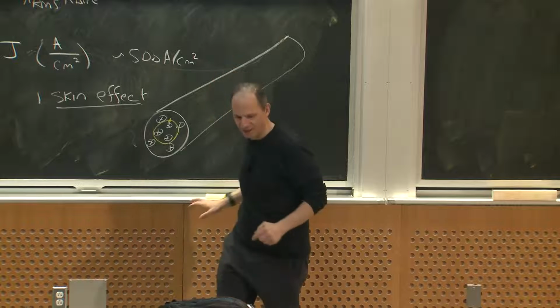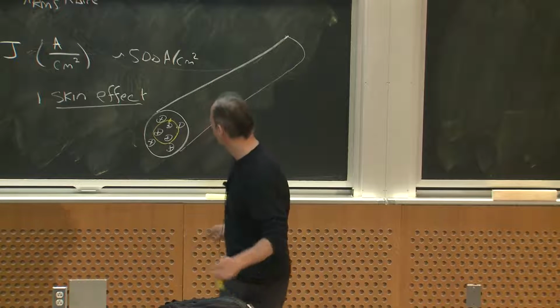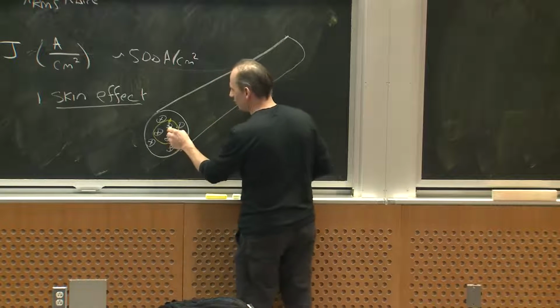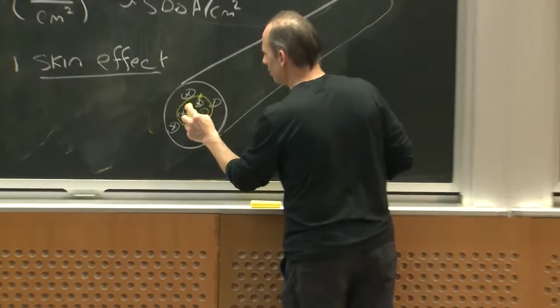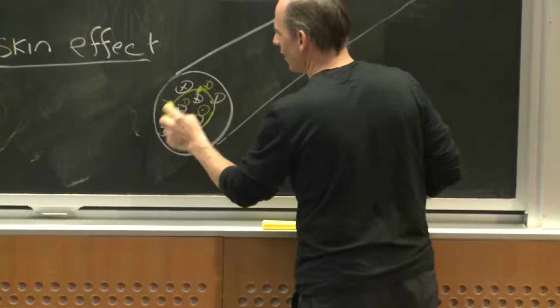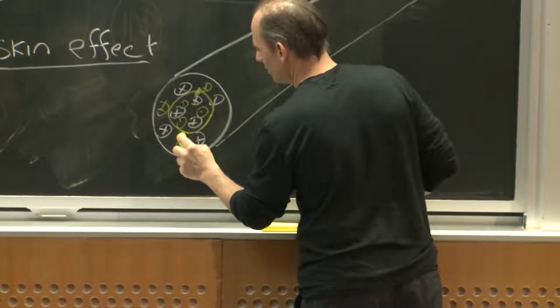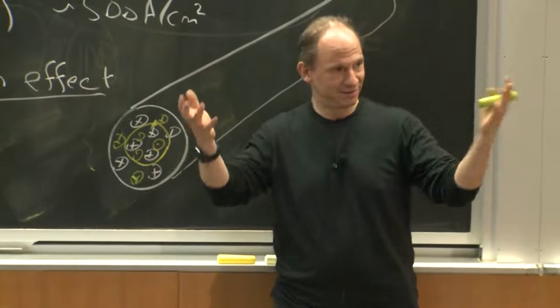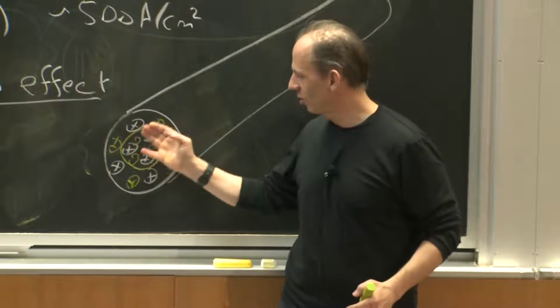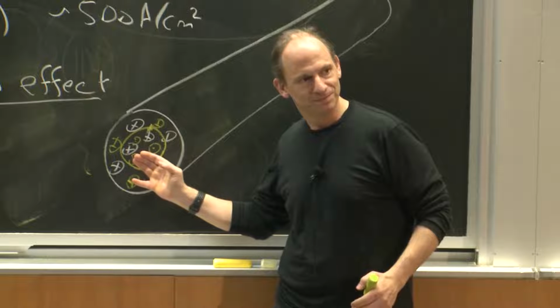So what you're going to get is induced eddy currents that do something like this. They're going to come up the wire in the middle and go down the wire on the outside. And so in net, the current in the middle of the wire will start to cancel.